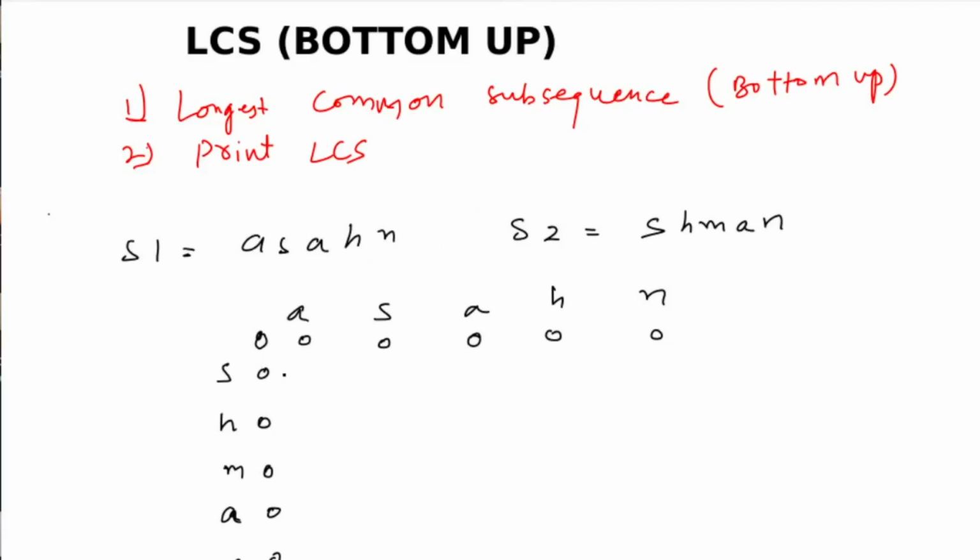So before moving forward, let me tell you about what is recursive approach, that is top down approach, and what is bottom up approach. So first, top down approach. You are given a problem of size, let's say n.